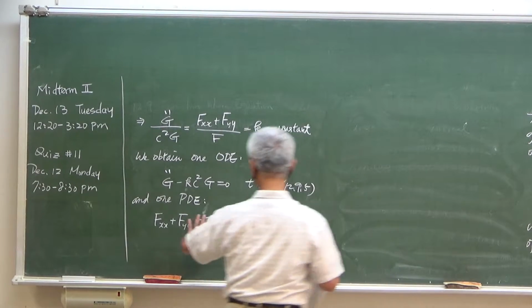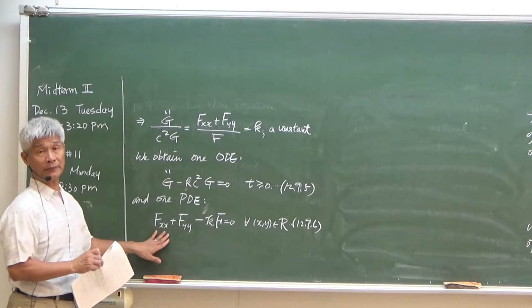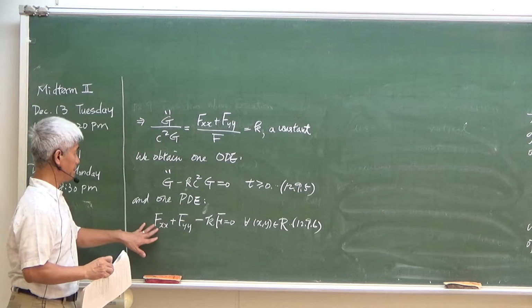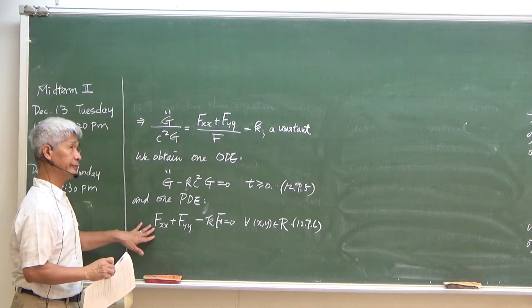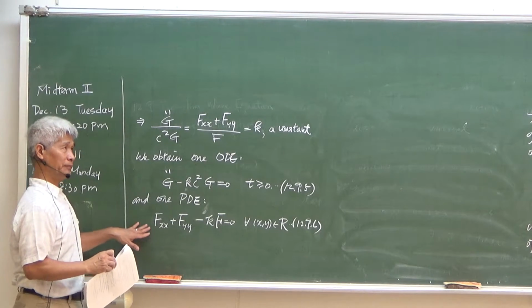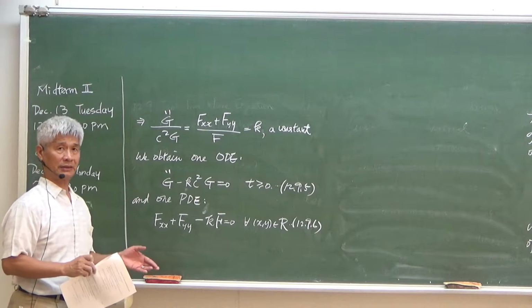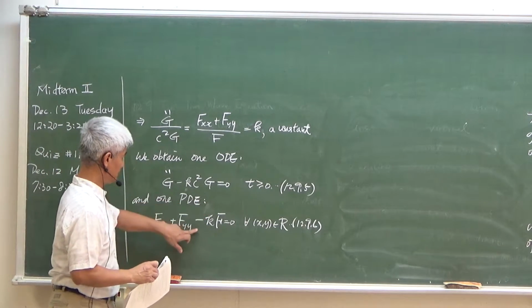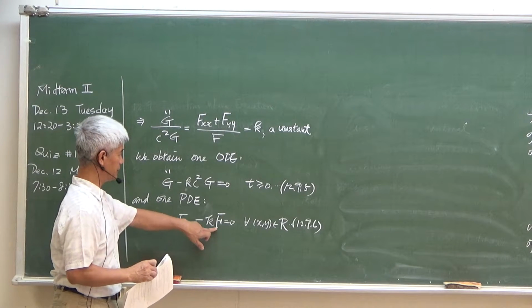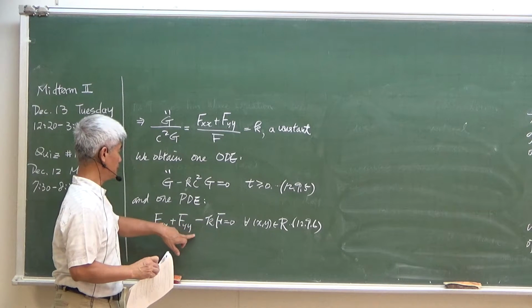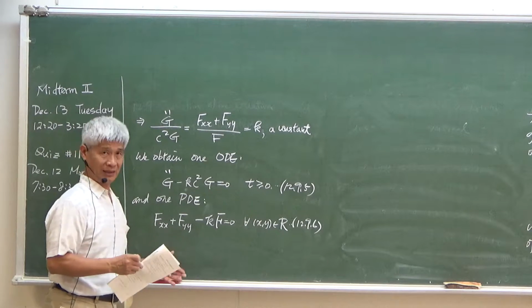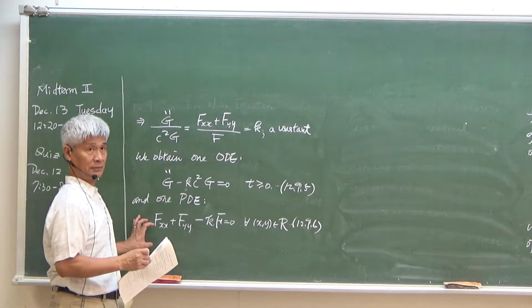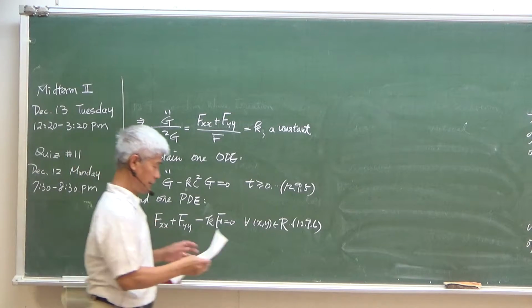So of course you can solve the problem by using a complex characteristic coordinate, but because of this involvement of F here, it is better to solve this PDE by using again the method of separating variables.